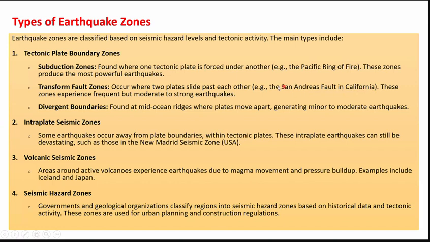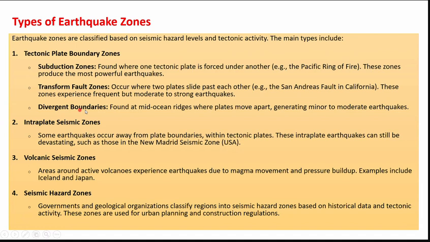This is one of the most active fault zones in the world, somewhere in California in the US. These zones experience frequent but moderate to strong earthquakes. Most times it's moderate, and the effect is not too strong, but sometimes it could be a bit destructive.